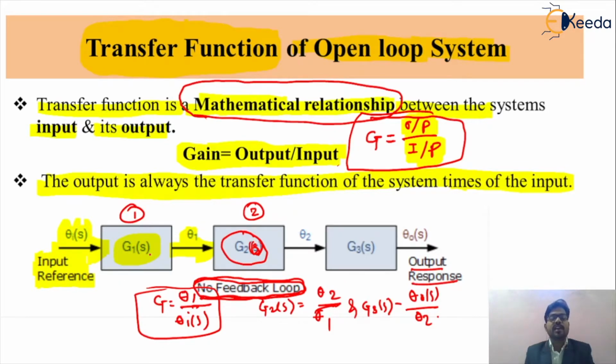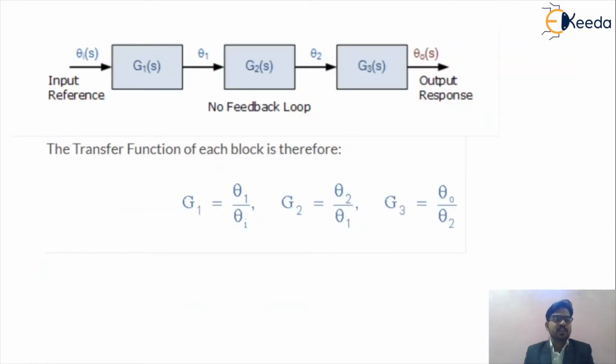So friends, now we can model the mathematical relationship. This is called a transfer function. First of all, this is G1s. What do you mean by theta or theta s? This is called the input reference. G1s is the gain of the first block, the second gain, and the third gain, in terms of your S plane.